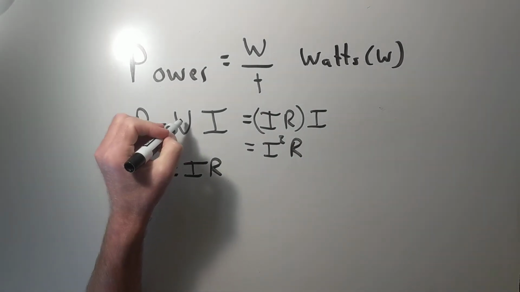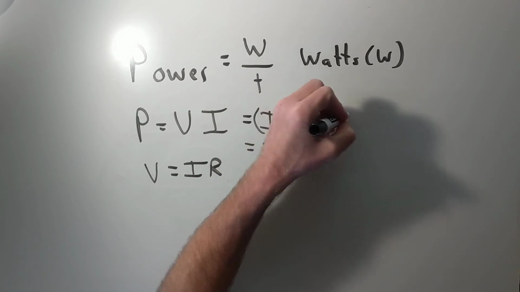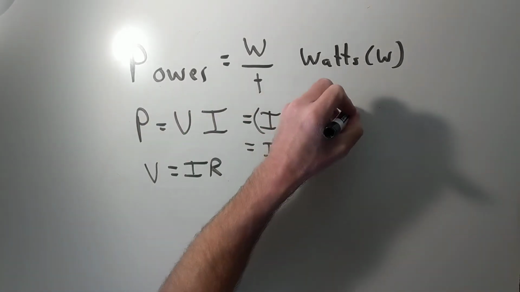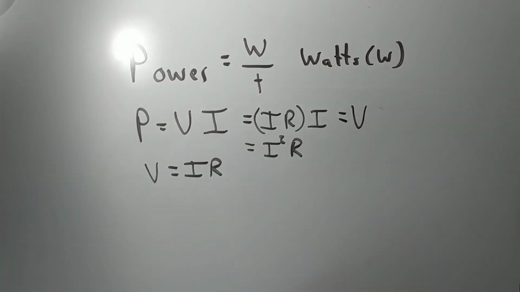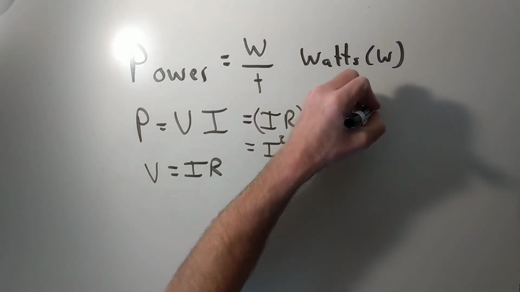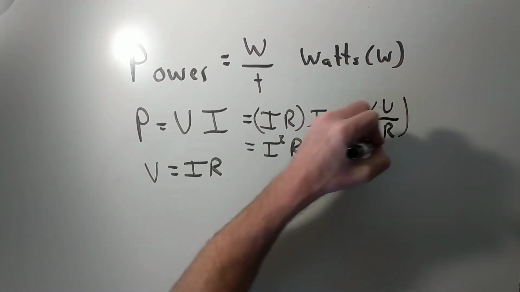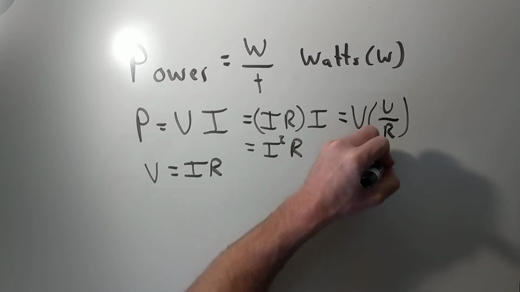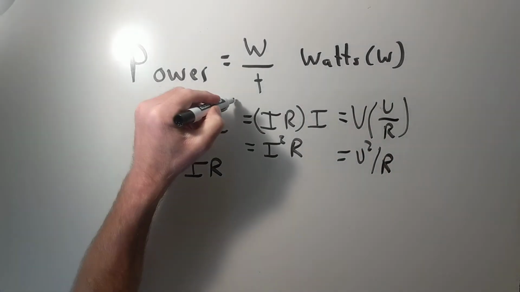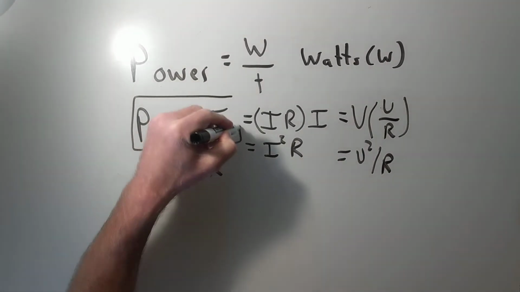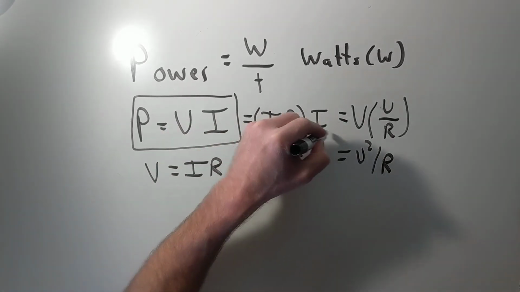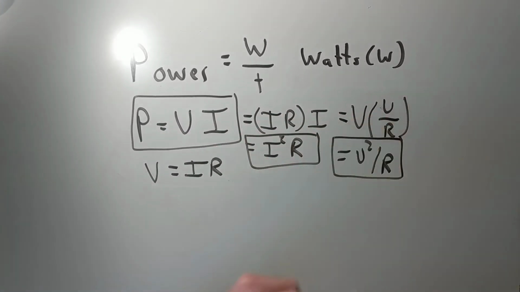But then notice that I can do the same thing with I here, because I is V over R, so then I'll put that in, and I have V squared over R. So I really have three different versions of power. Power is V times I, power is I squared R, or power is V squared over R. However, you could just use Ohm's law with any of them, so it really doesn't matter.